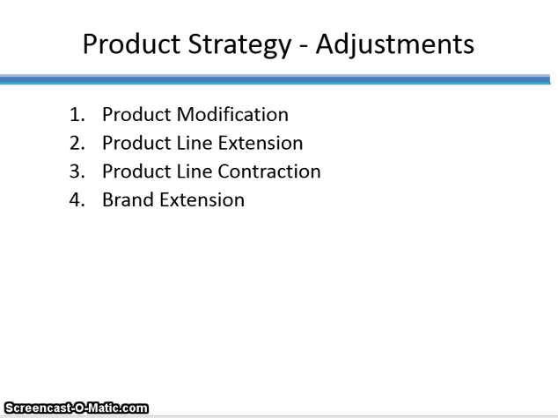Product line contraction is where an underperforming product line is either sold off to a different company or is stopped from production. Brand extension is a very interesting marketing tactic where the company takes the brand of an established product category and then extends it to market a somewhat related category. Barbie does that very frequently.